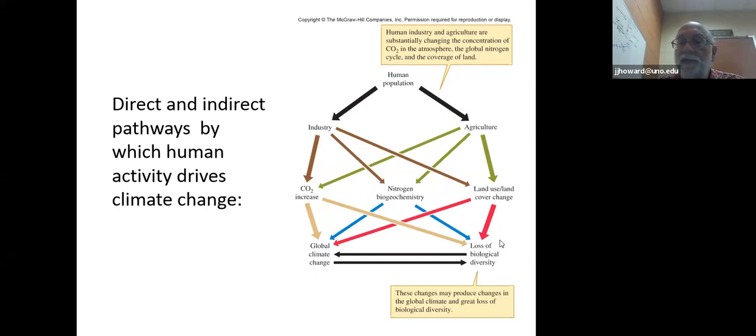And the loss of species that sequester CO2 changes the global climate. As climate changes, then you lose more biological diversity. So basically, we have a nexus of what we call wicked problems in problem-solving literature. So let's examine nitrogen and land use now that we've looked at CO2.